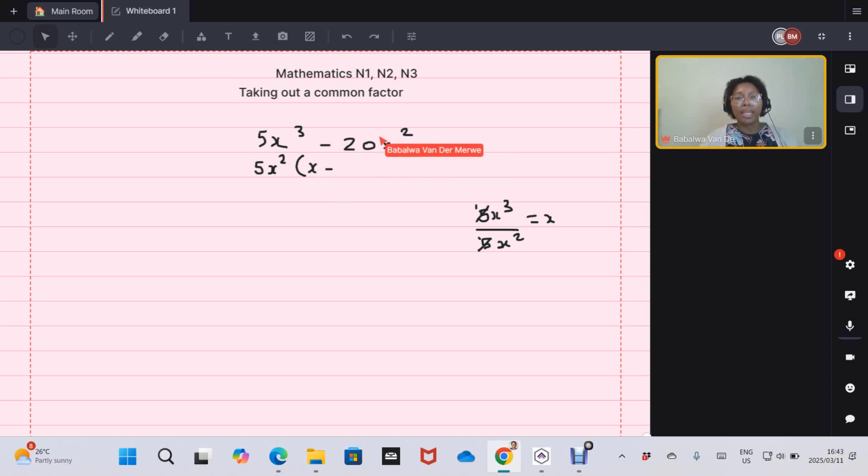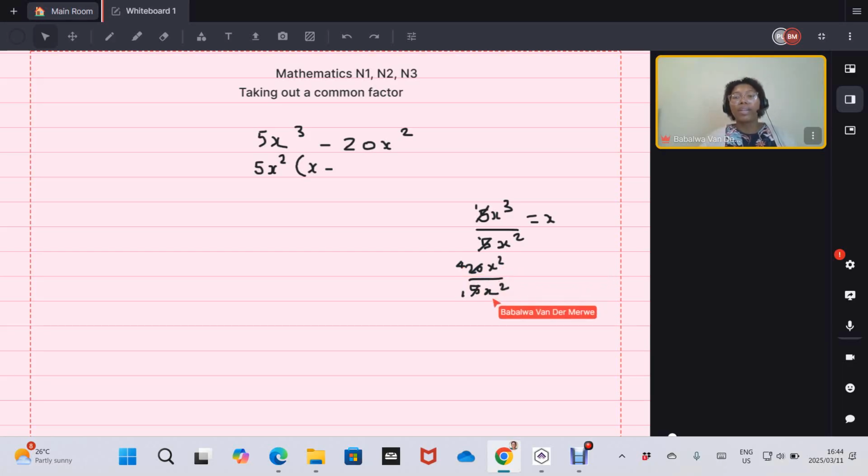You do the same thing for this term. What is 20x squared divided by 5x squared? How many times does a 5 go into a 5? Once. Into a 20: 5, 10, 15, 20, 4 times. So you have your 4 there.